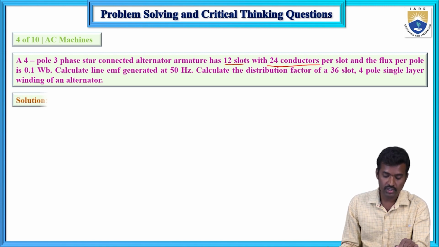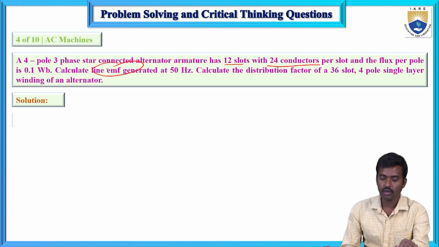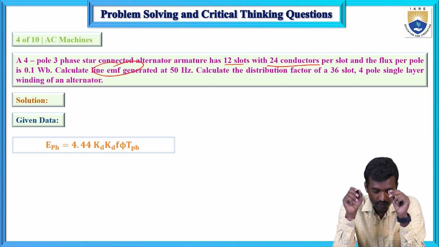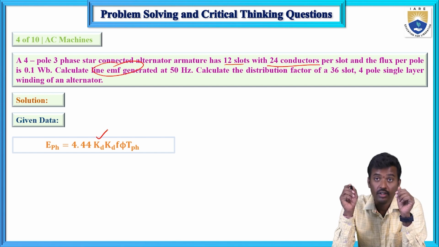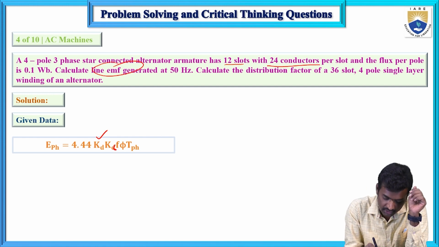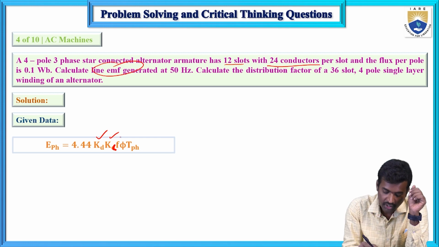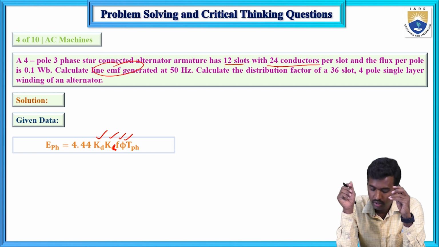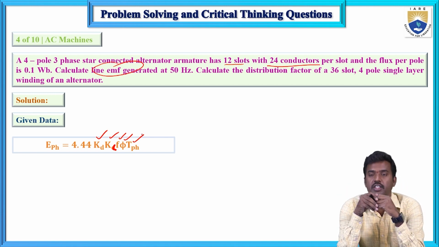Now here, the generated EMF formula is 4.44 into KD, the distribution factor, and KC, the coil span factor, and here F is the frequency, phi is the flux per pole, and next one is the number of turns per phase.